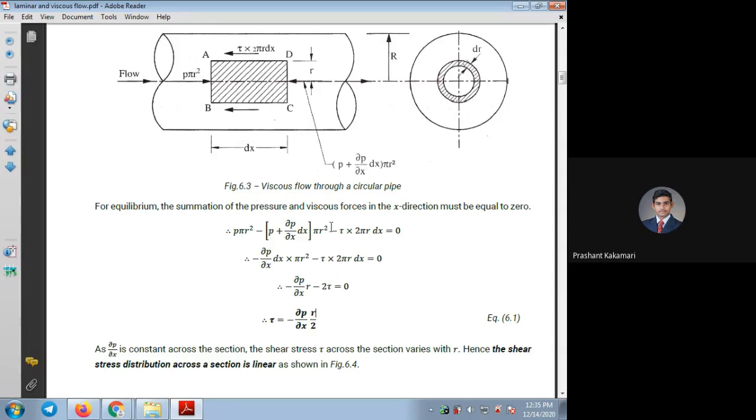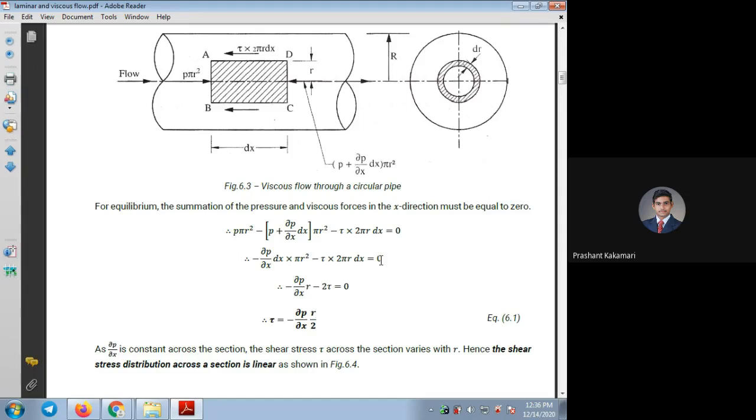The shear forces are also opposing the flow, so I am writing that shear force as tau into 2 pi r dx equal to 0. Now if you cancel P into pi r square minus P into pi r square, I am left with minus dou P by dou x dx into pi r square minus tau into 2 pi r into dx equal to 0.